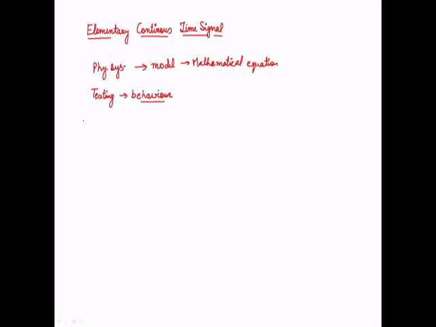So for testing we are having certain signals. So first of all we are taking the unit step function.